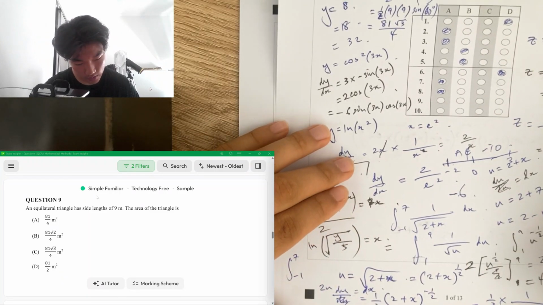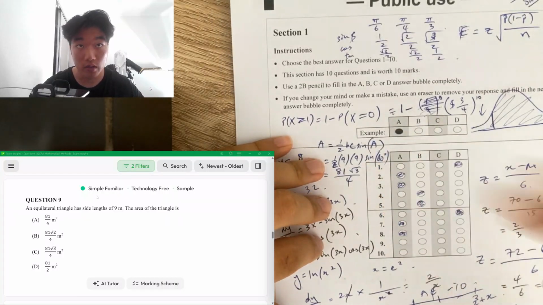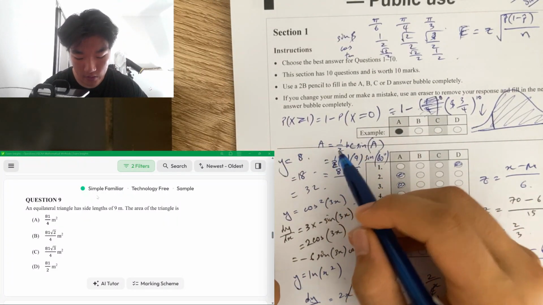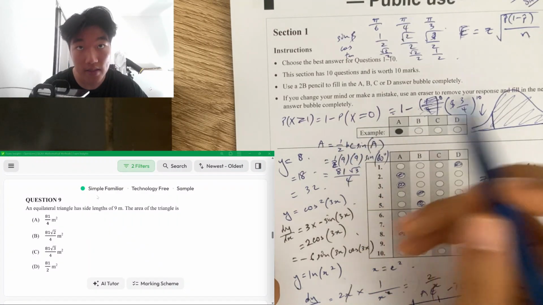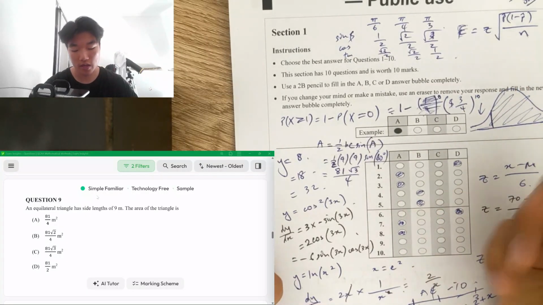Here, we can navigate up here because my working out was up here. This is from the formula sheet: A equals a half bc sine of capital A. Lowercase b and c represent the side lengths in the triangle.